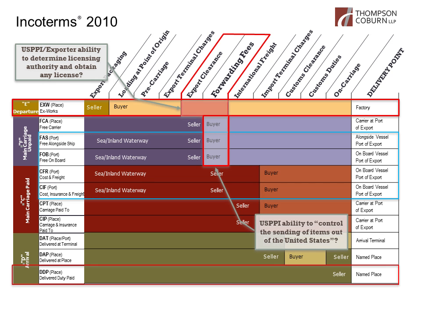At Ex Works, we see the USPPI, or the exporter, does not have the ability to determine licensing authority or obtain any license. Those responsibilities have been shifted off to the buyer contractually, perhaps, but maybe not in terms of the regulations, and the seller would not have the ability to control the sending of items out of the United States. Again, those responsibilities have been transferred to the buyer.